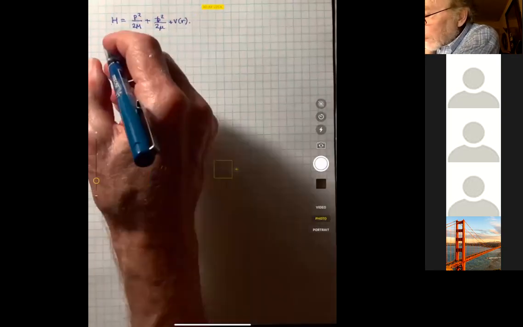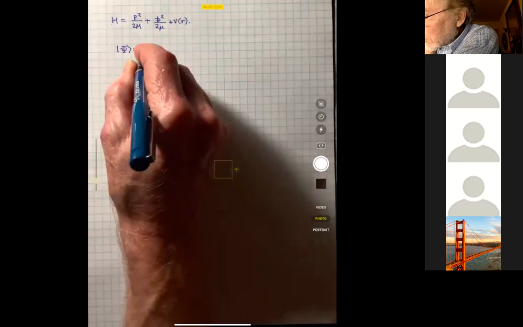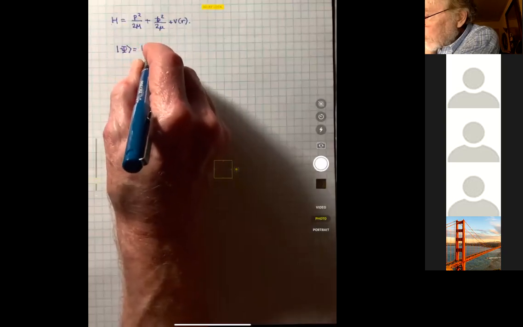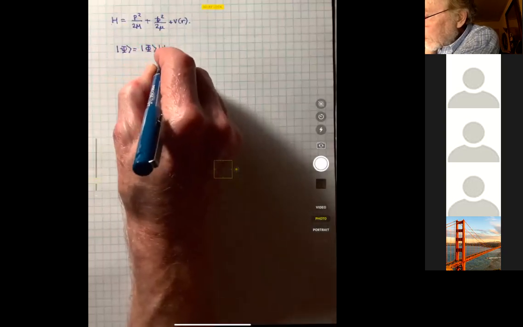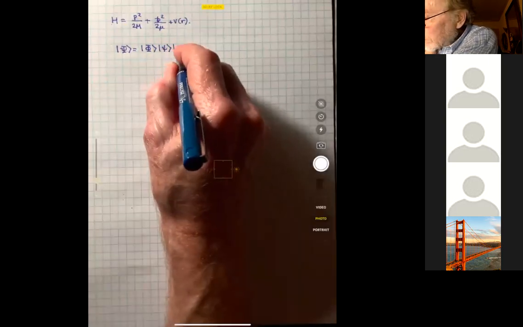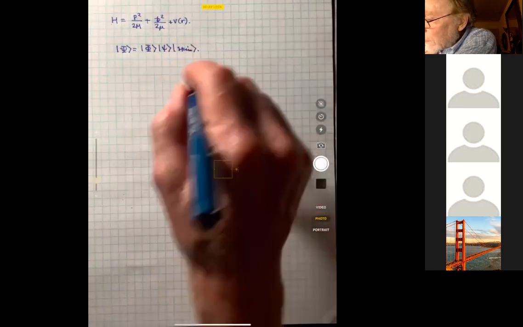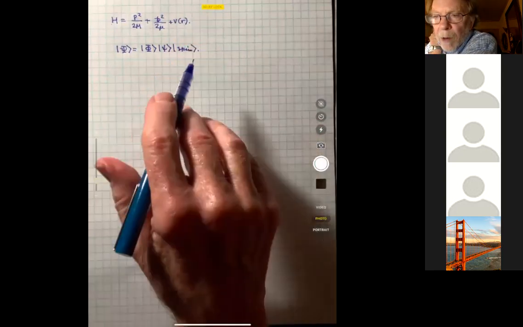Now, what about the energy eigenfunctions? The psi then is going to be equal to, just like before, a product of the center of mass part times the relative part. But we now have another part as well. We have a spin part, because the particles have spin.